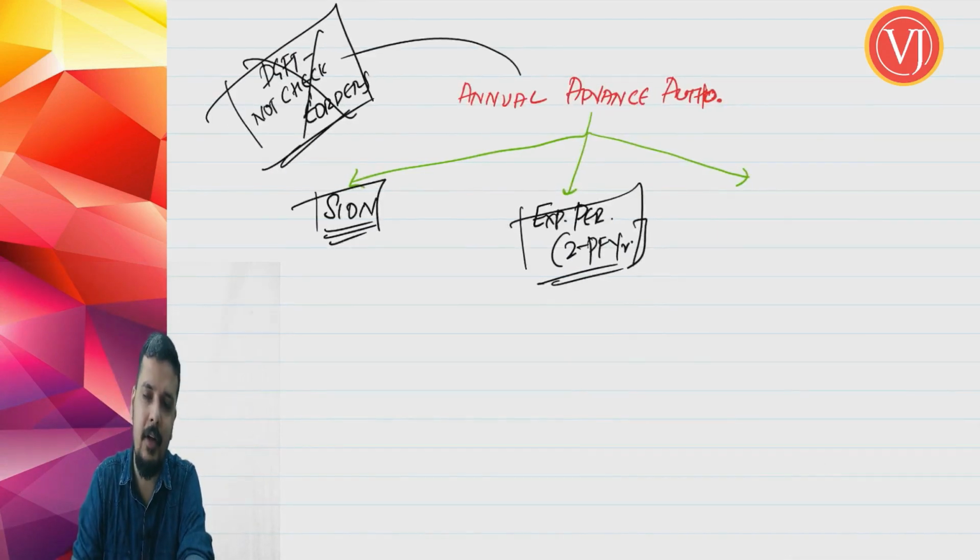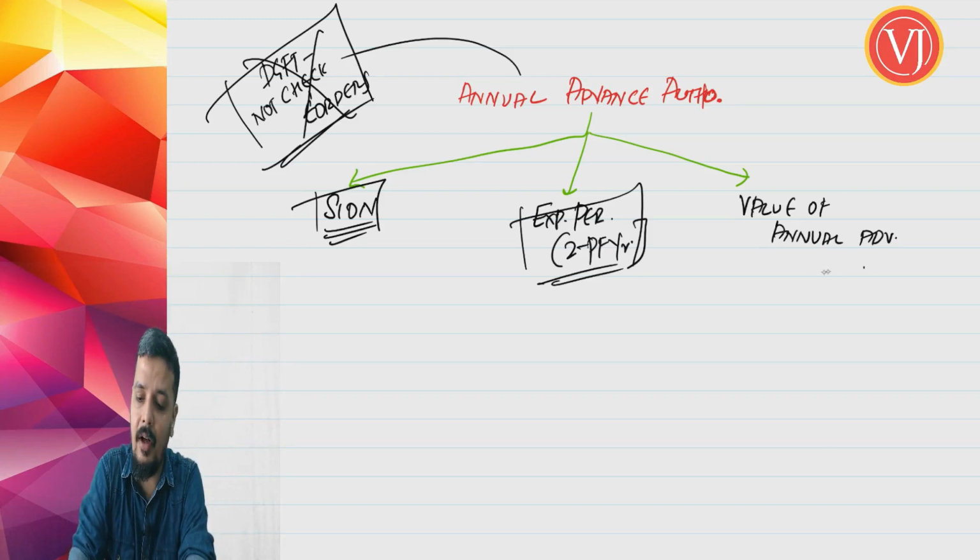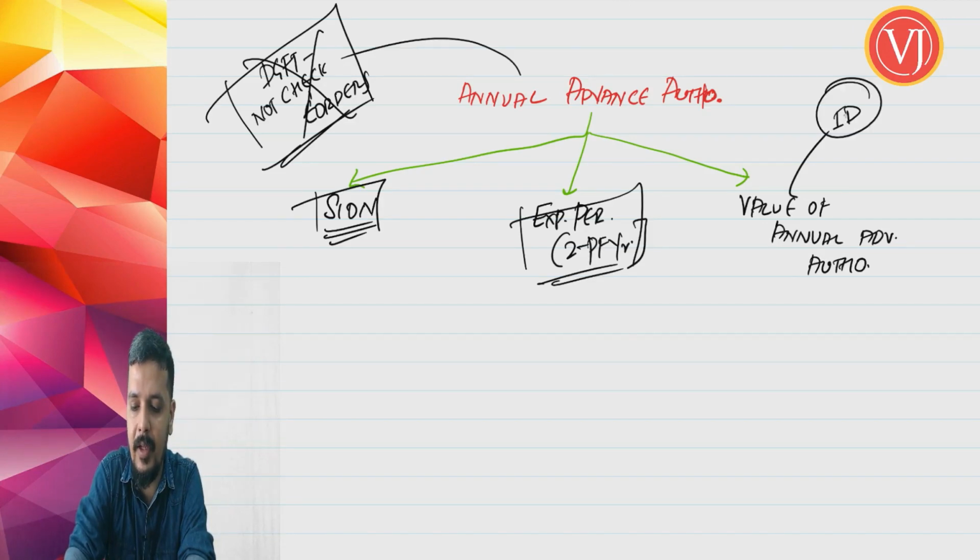And what will be the annual advance authorization value? Friends, when you talk about the value of annual advance authorization, you are talking about how much import duty is exempted.